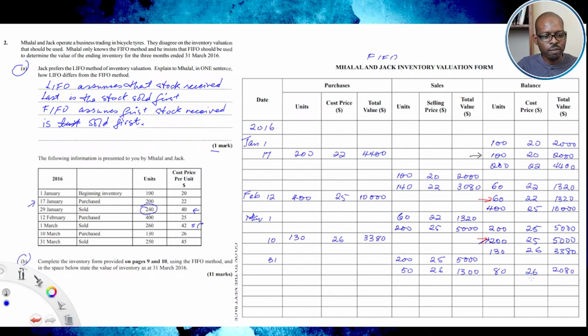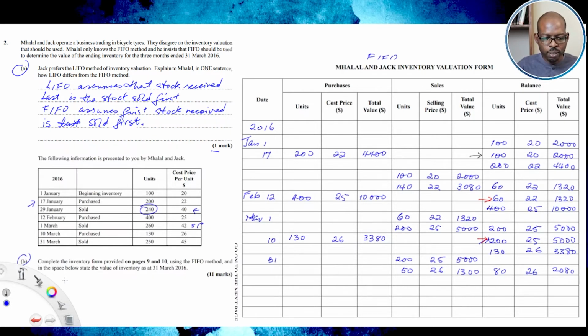It says complete the inventory form provided on pages 9 and 10 using FIFO method, and in the space below, state the value of ending inventory. So we go back over here. This was 11 marks. We've completed the table.